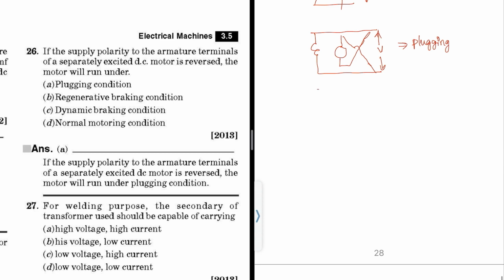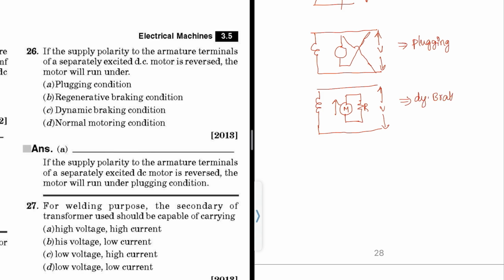And the second condition is to disconnect only the armature from the supply. The armature will be disconnected from the supply and a resistance is connected across the motor. So the motor current will reverse. So this condition is called dynamic braking.